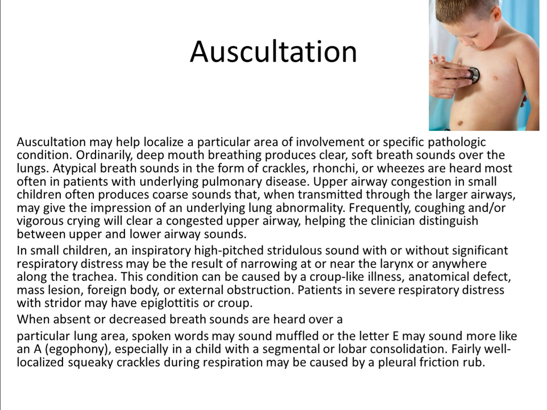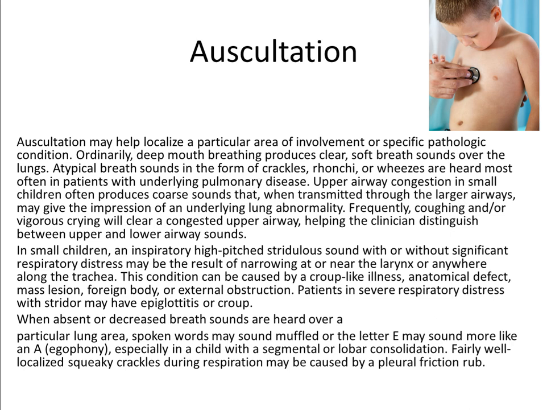This condition can be caused by a croup-like illness, anatomical defect, mass lesion, foreign body, or external obstruction. Patients in severe respiratory distress with stridor may have epiglottitis or croup.